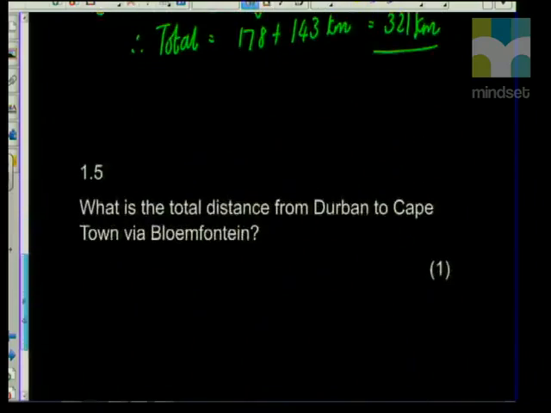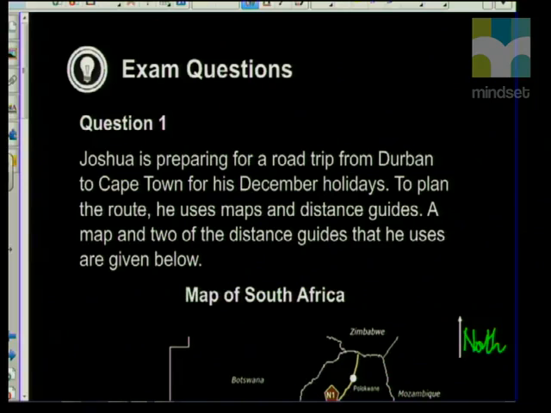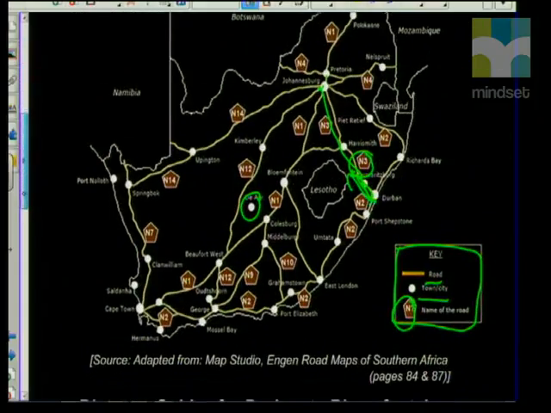Right, last but not least, let's go on to find out the total distance from Durban to Cape Town via Bloemfontein. So if we look back at our map, what they're basically asking us to do is to find out the distance from Cape Town all the way to Bloemfontein, and then Bloemfontein all the way to Durban. So we're going to have to add up those two distance maps that went from one to the other.